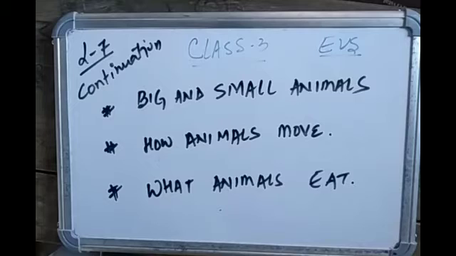Herbivores eat only plants, carnivores eat the flesh of other animals, omnivores eat both plants and animals, scavengers eat dead and decaying animals.